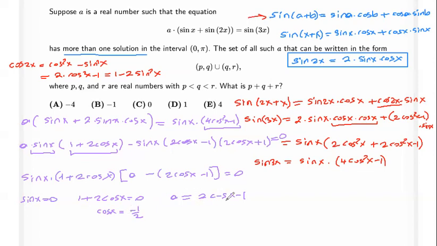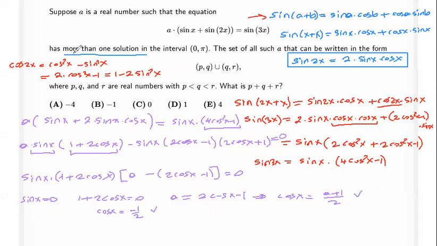And then for this guy, if I want to find the cosine in this equation, cosine x is equal to, if I add 1 to both sides, you get a plus 1, and then divide by 2. So we already have one value from here, one value from here.